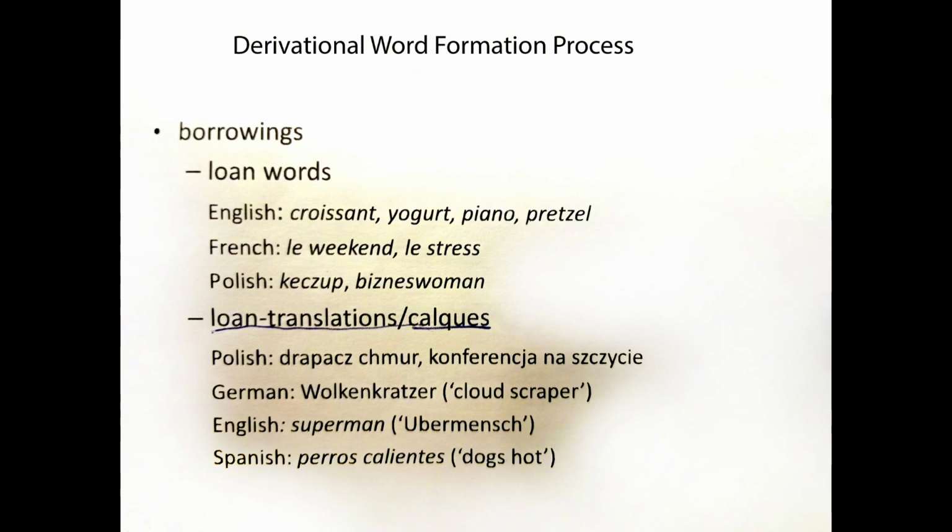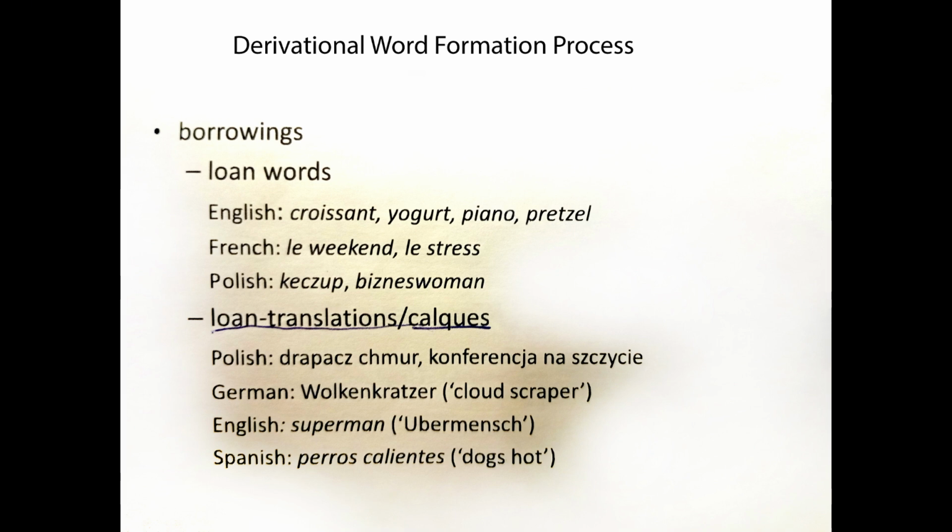For example, let's take the Polish word ketchup. Ketchup is similar to the English ketchup, right? It sounds similar and it's written similarly. And let's take a second word, businesswoman, right?